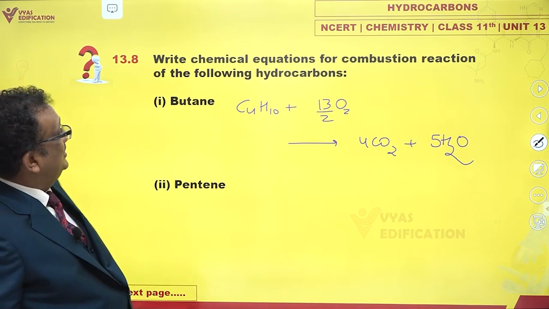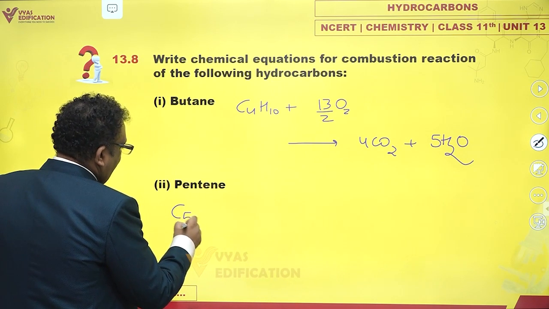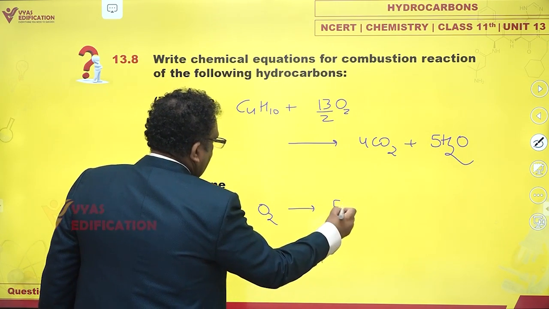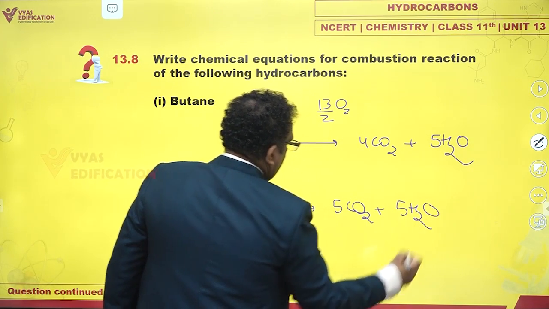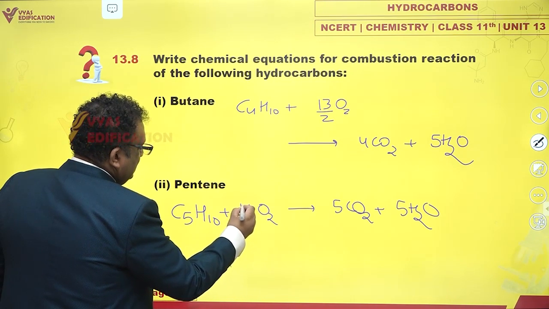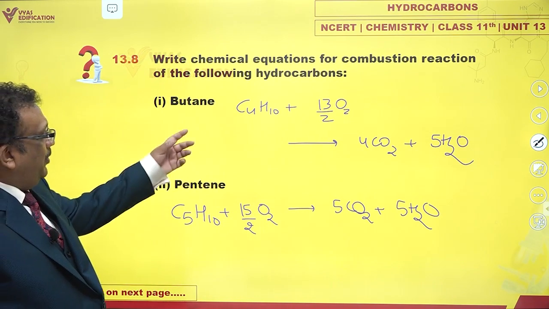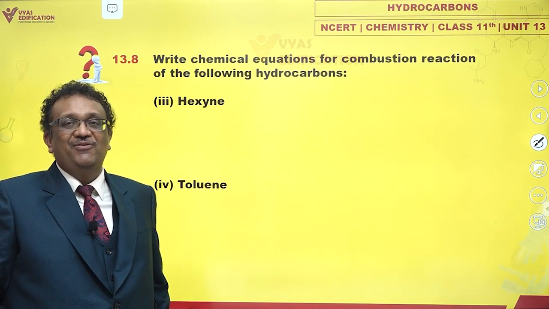This is the balanced chemical equation. Pentene is C5H10. 10 plus 5, 15 oxygens, so 15 by 2 O2. All organic compounds burn to give CO2 and H2O. So these are simple, very simple combustion reactions.